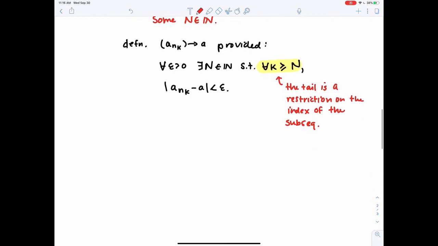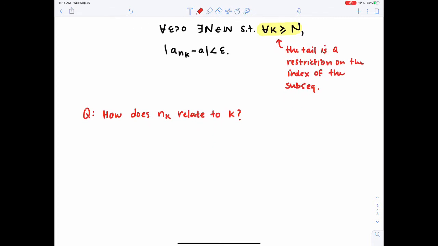So one question that might be worth asking yourself is, how does little n_k relate to k? Is there an inequality relationship? So we can go back to our original example up there.